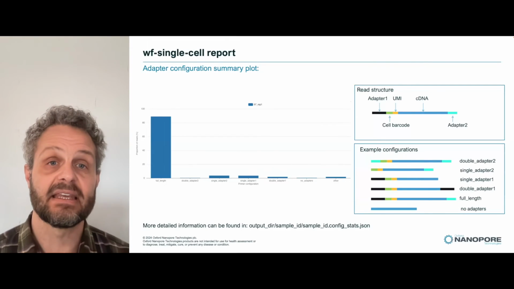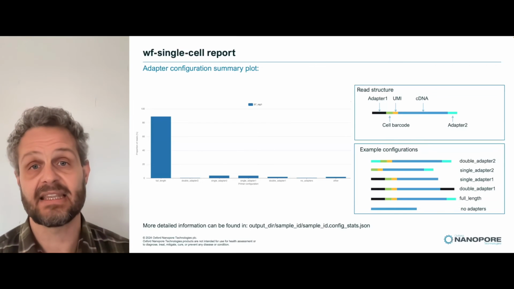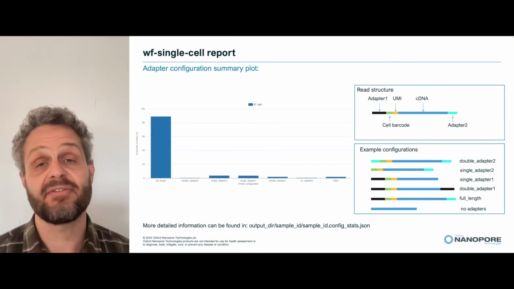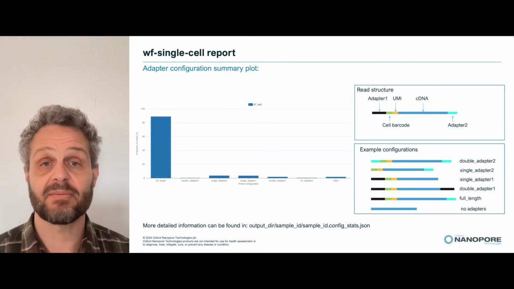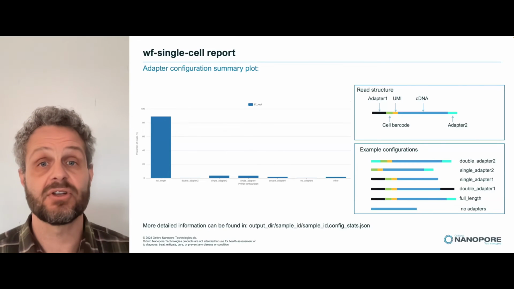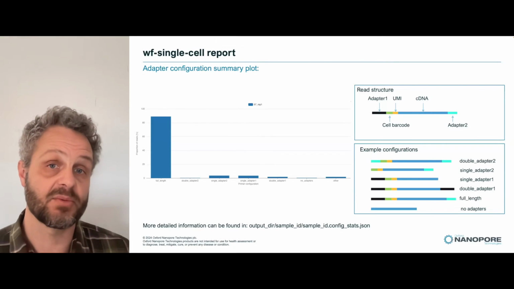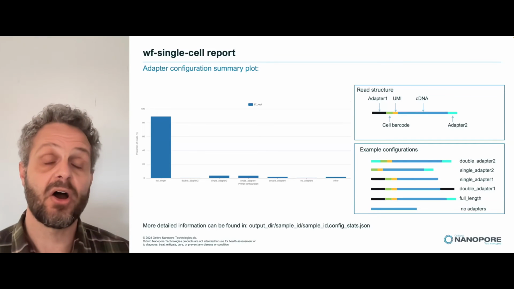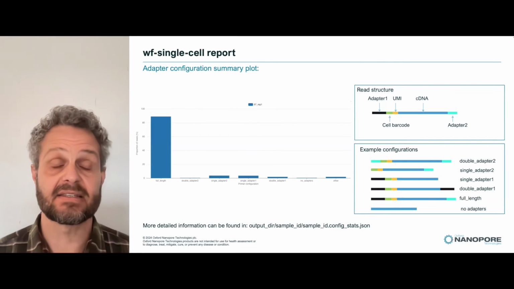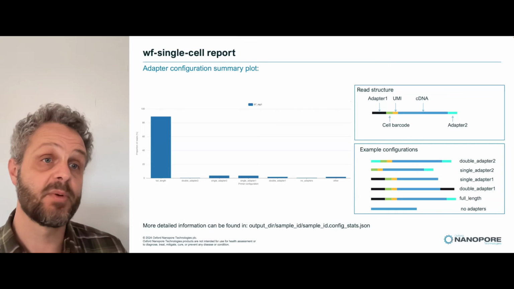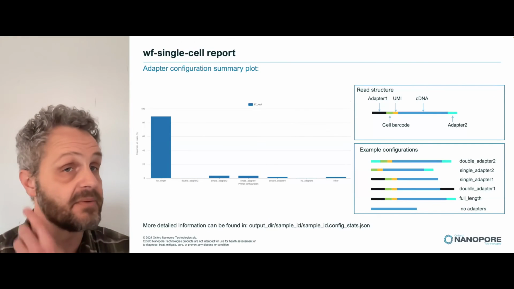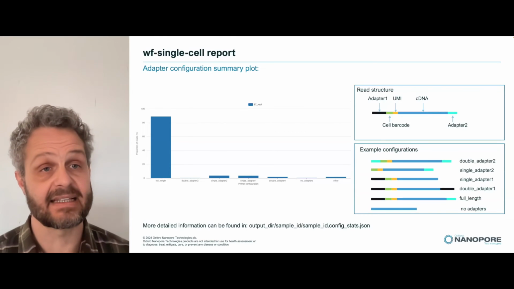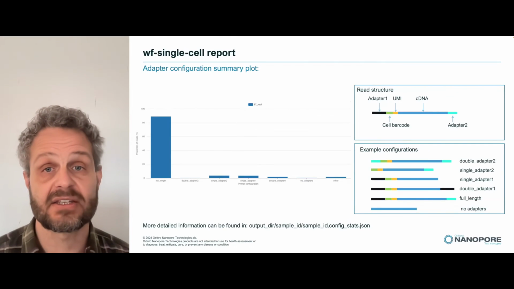But below that, in the example configurations, we can see that sometimes we see different configurations, such as read segments with only one adapter, or the wrong types of adapters, so 2 adapter 1s instead of an adapter 1 and an adapter 2. And the plot on the left summarizes the proportions of the different read configurations that we find in the sample. And in this example, most of the reads are classed as full length, which is good.